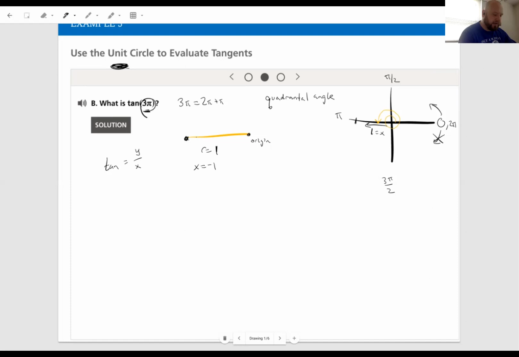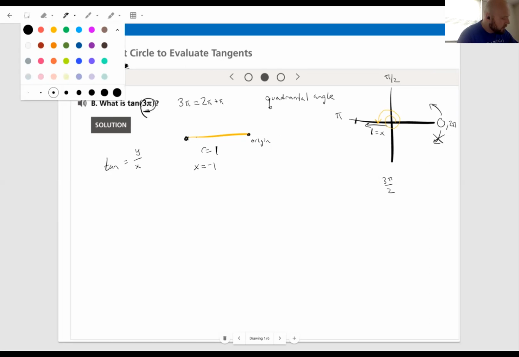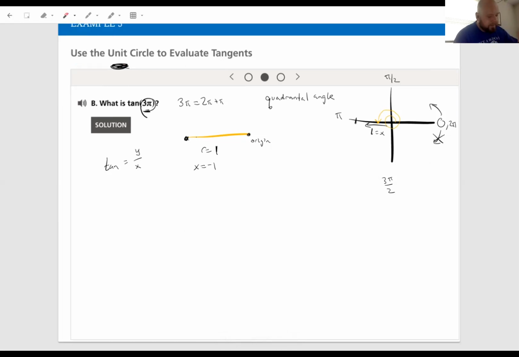And the thing that's interesting about quadrantal angles is that the radius is always going to equal either the x value or the y value. If you are off to the left, then the x value is going to equal the r value in terms of the magnitude. But obviously, because you moved left, the x value is negative, even though the radius is positive, because the radius is just the distance that you moved.